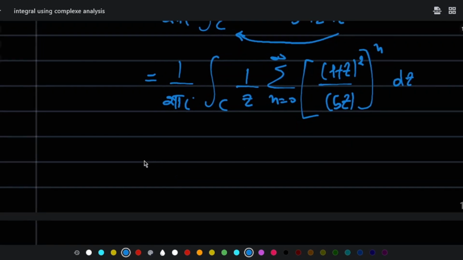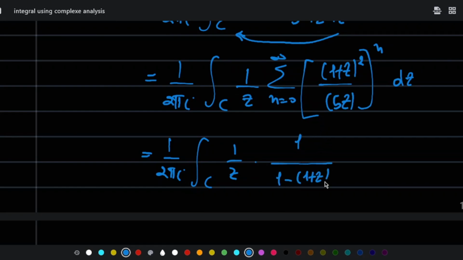So this will be 1 over 2 pi i, the integral over c of 1 over z times 1 over 1 minus (1 plus z) squared over 5z.